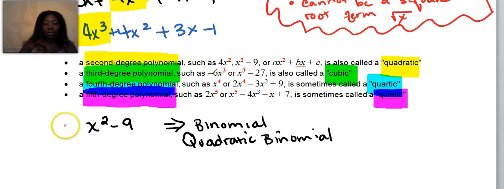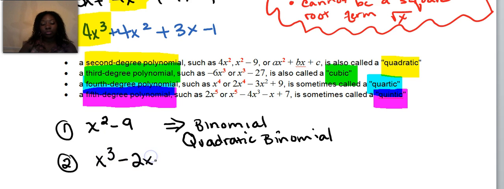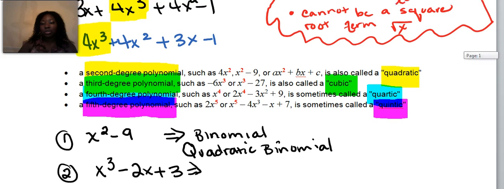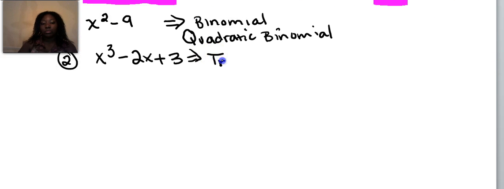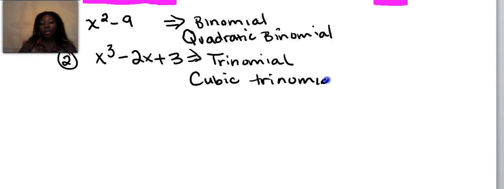A three-term polynomial is called a trinomial, and specifically, this is a cubic trinomial. Cubic because it's to the third power, trinomial because it has three things. Quadratic because it's to the second power, binomial because it has two things.